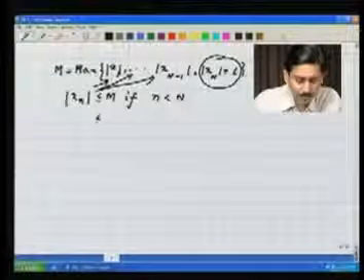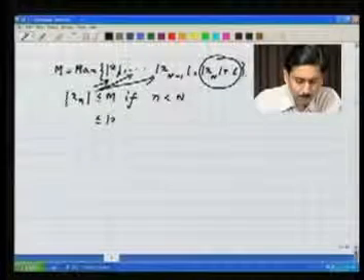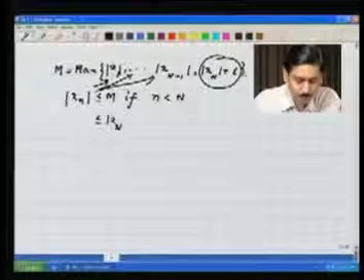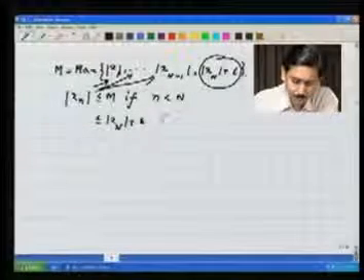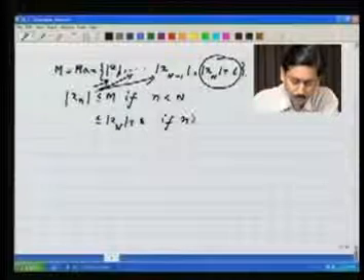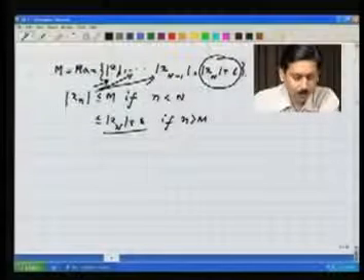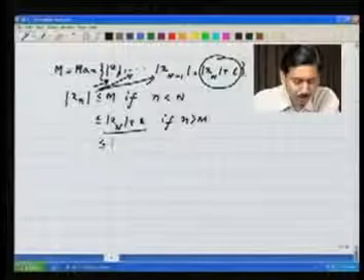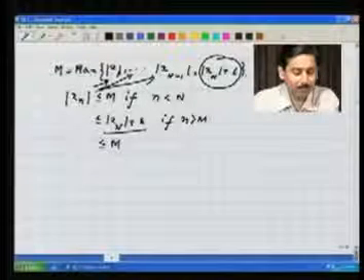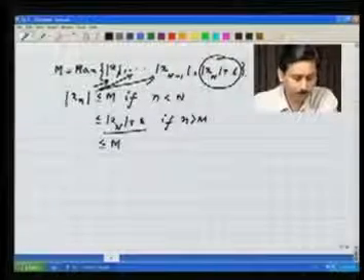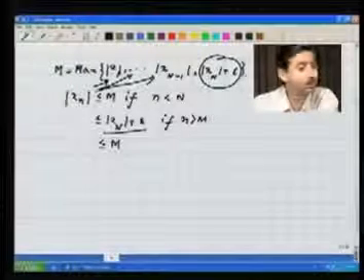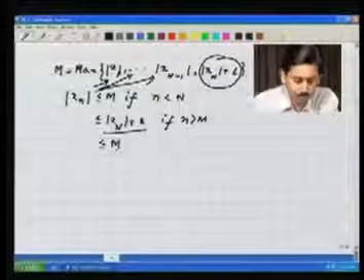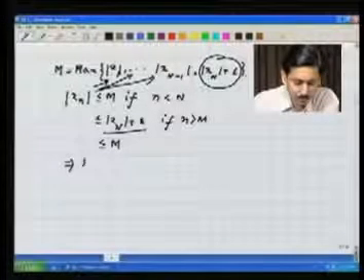That means it is less than or equal to epsilon plus mod x capital N, but this fellow is anyway less than or equal to capital M, because capital M is the maximum of all the quantities. Well, then I have found this M which is dominating all the xn's, and that is true for all n. So this implies the sequence is bounded.